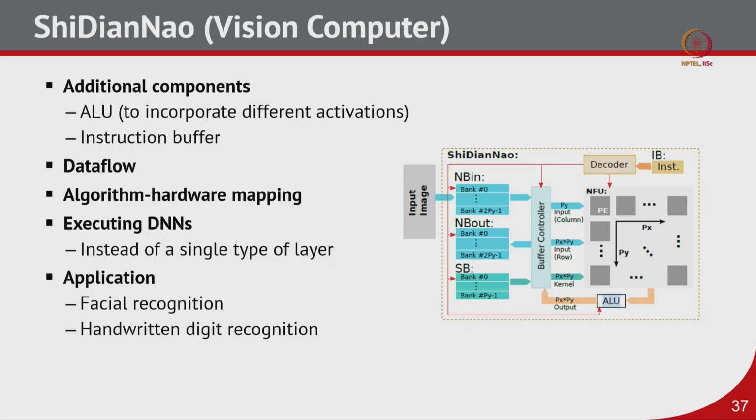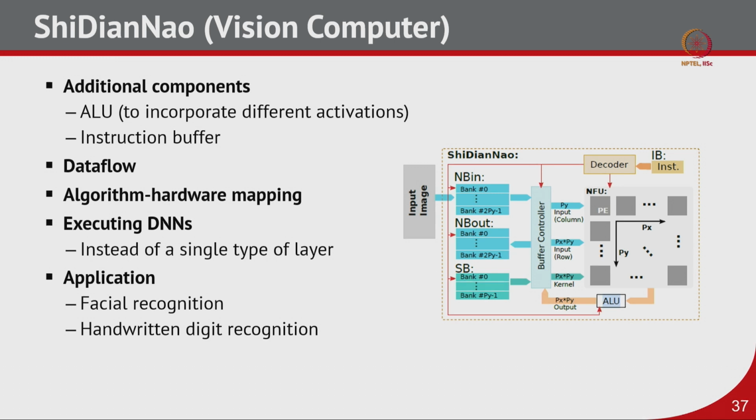So, finally, this ShiDianNao is curated for a specific application. So, there are additional components like an ALU to incorporate different activations, and there are instruction buffers. So, now as you can see, they are going towards a full fledged computer or full fledged accelerator.